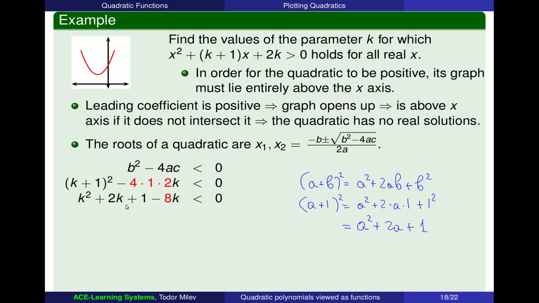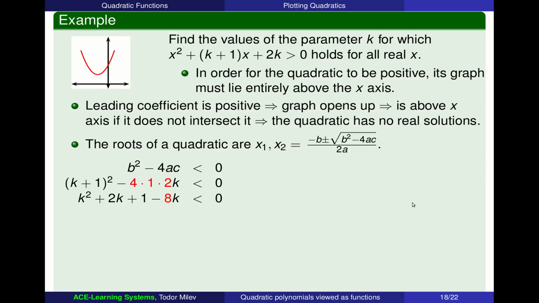Exactly what I have here. Whoops! I should have used k rather than a, right? If I were to use k here, I would have gotten what's written over here.